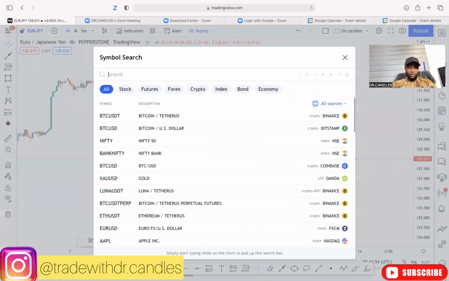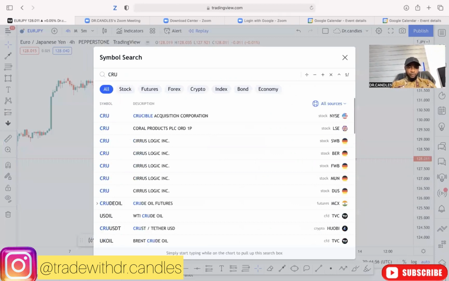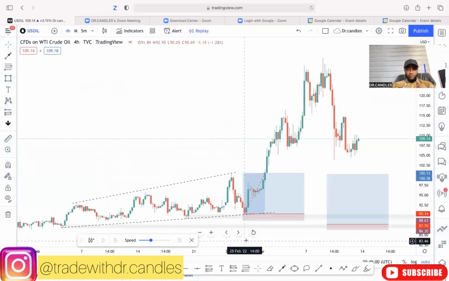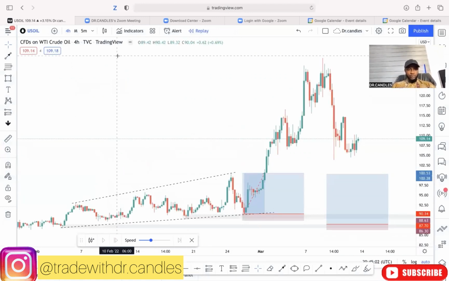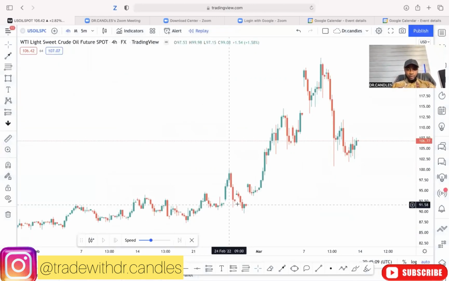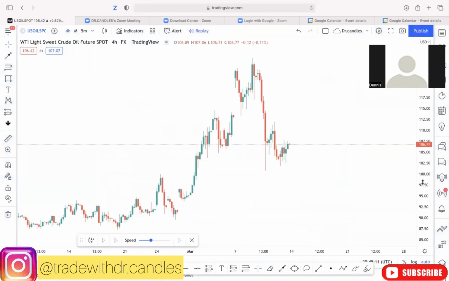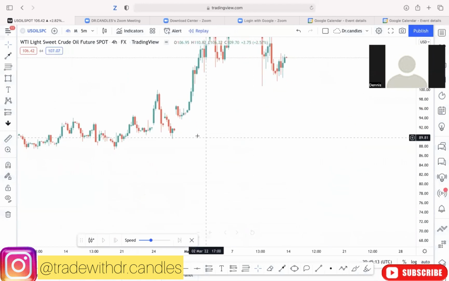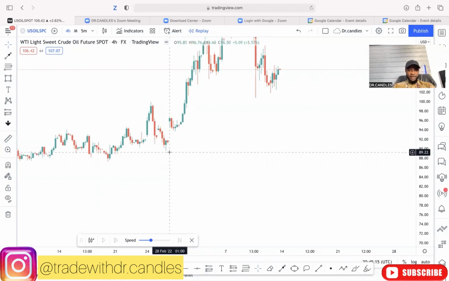So, crude oil. When you check the crude oil market, you see the same thing. So this is what I was trying to explain to you.